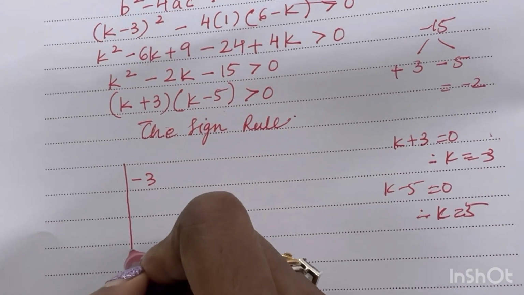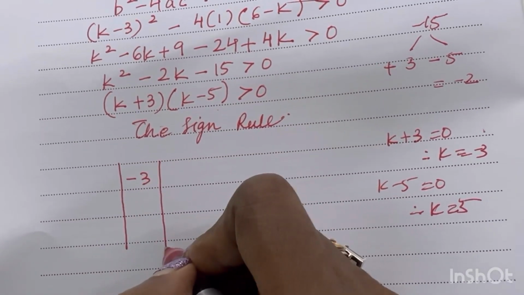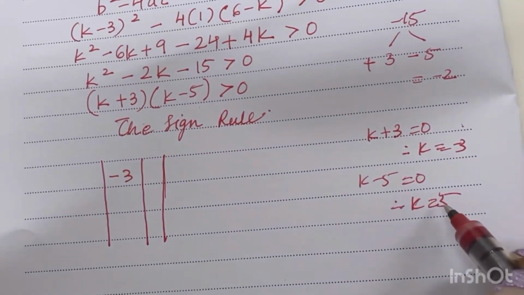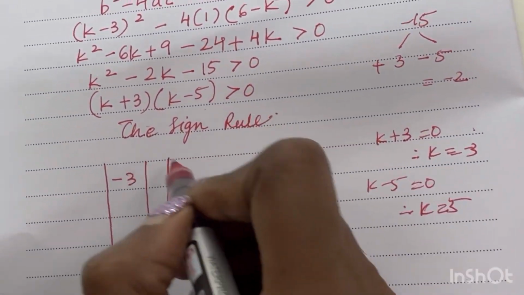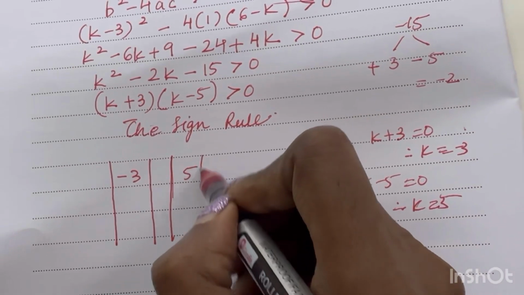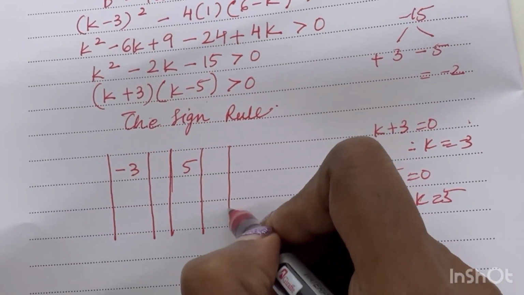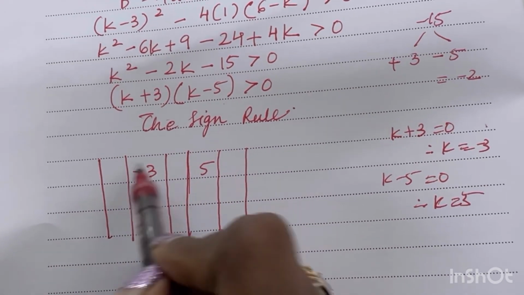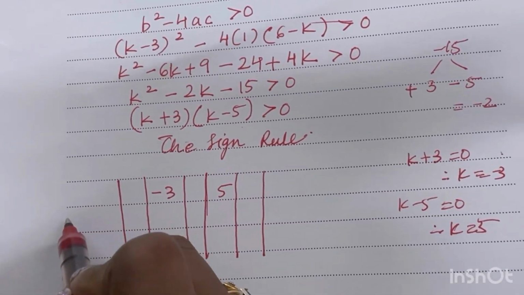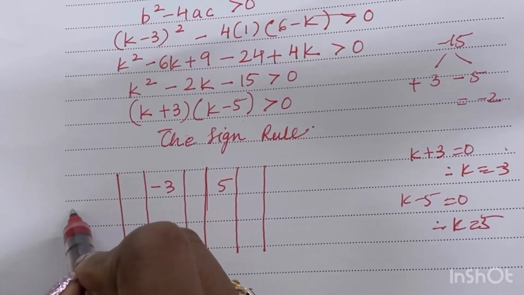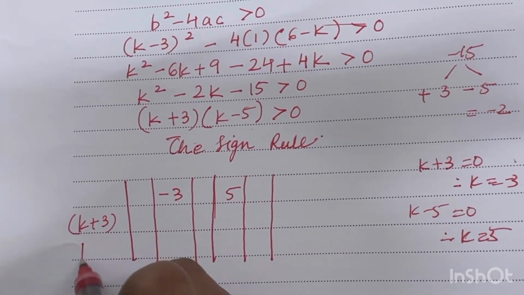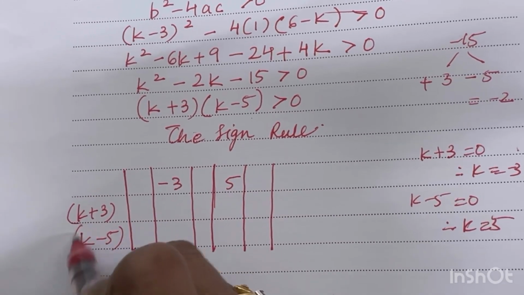So what I will do, I will leave a column empty, and write the second factor, which is 5, and leave another column empty. And here also I will leave another column empty before this, and below this I will write our first factor, k plus 3, and here in this row I will write our second factor, k minus 5.